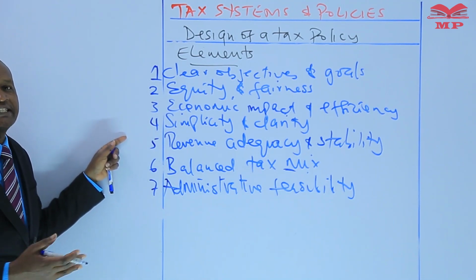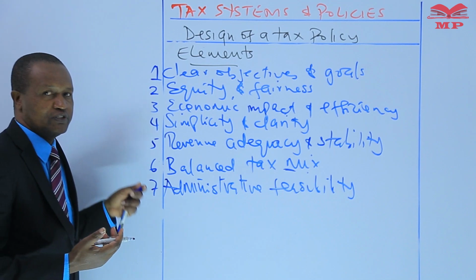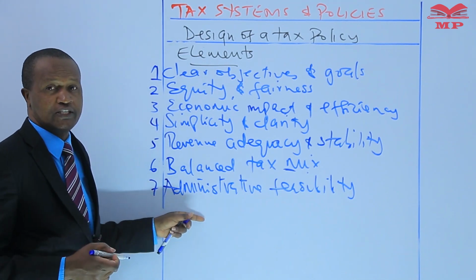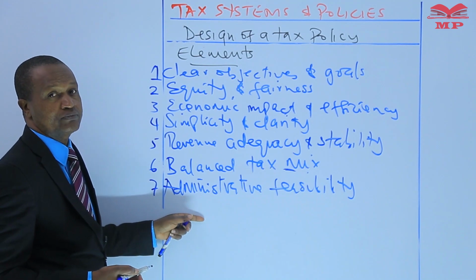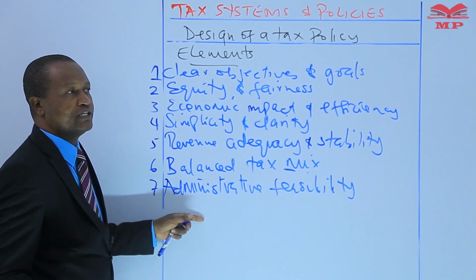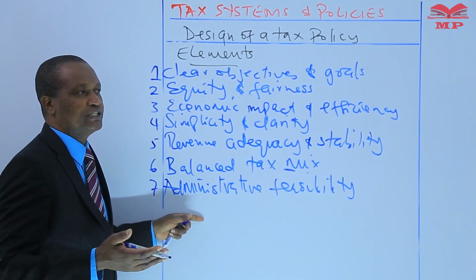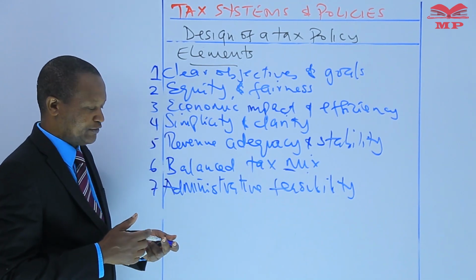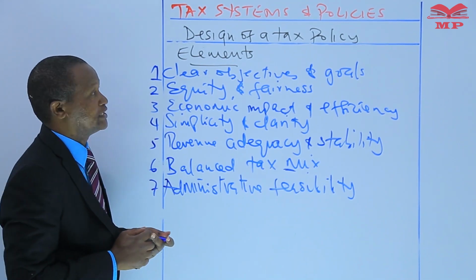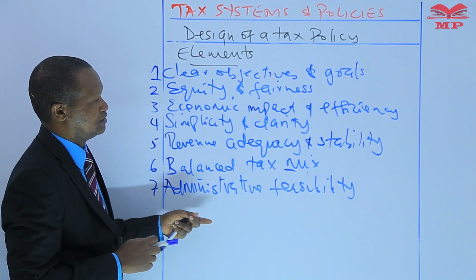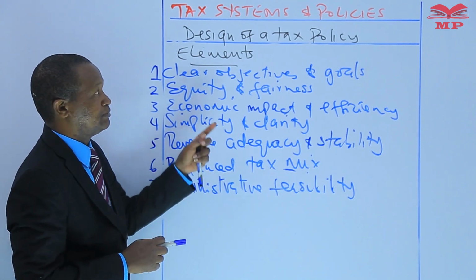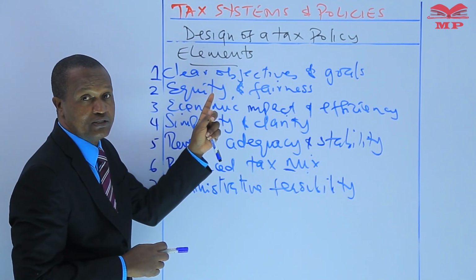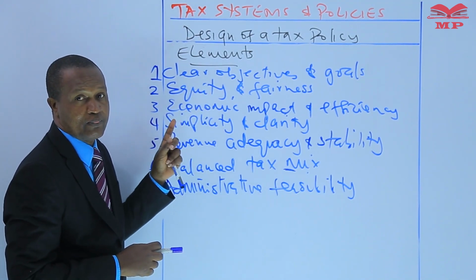That means assessing the administrative feasibility and the cost effectiveness of implementing the proposed tax policy. It also means evaluating the capacity of tax authorities to enforce and administer the tax policy. Does the Revenue Authority have the administrative capacity to administer this tax policy? That is a factor to consider.